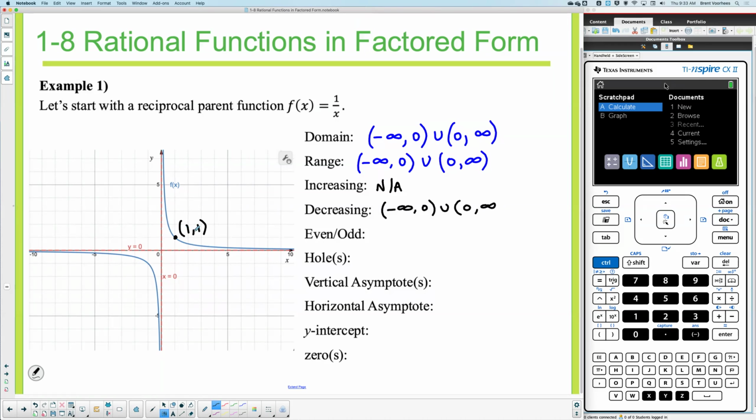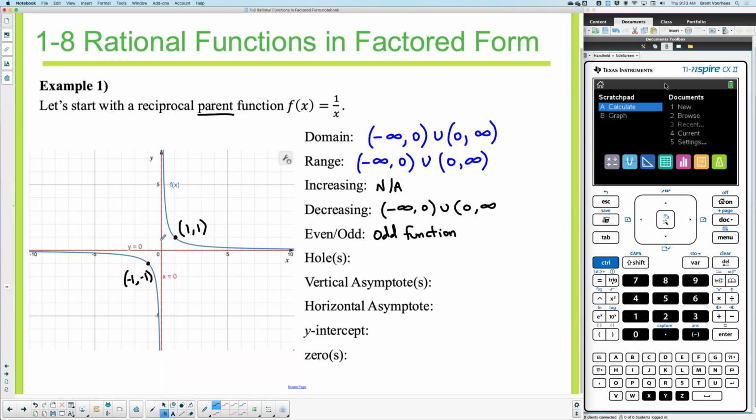The x and the y have to be negatives. Is that the case here? Okay, so this function would be called an odd function. The parent function, I should say, let me use the math vocabulary. The parent function is odd.